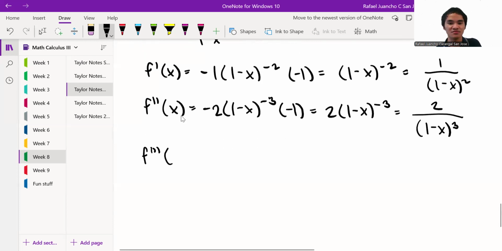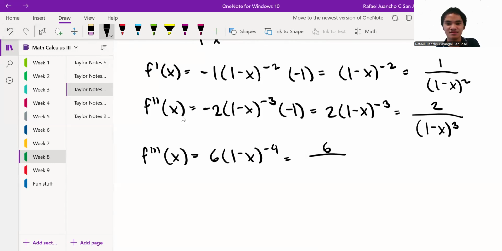Let's do another one. Third derivative, minus 6. Alright, let's just go for it. So 6, 1 minus x to the minus 4, okay, no, I messed up. 6 over 1 minus x to the fourth, right?